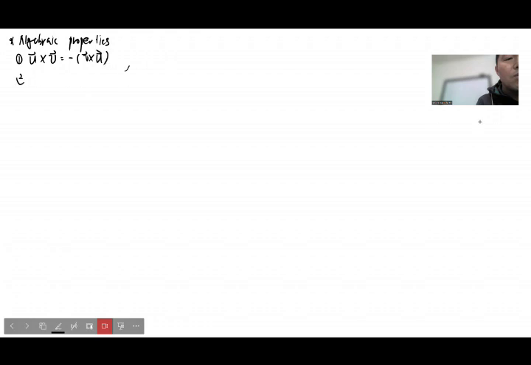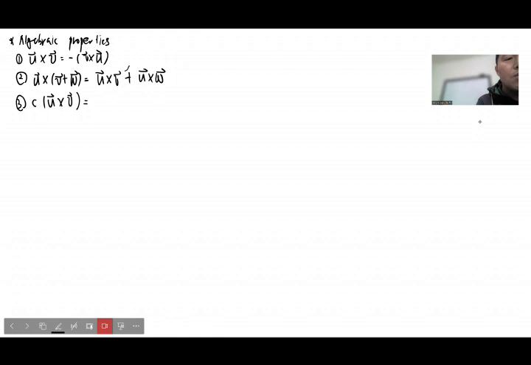Number 2, if you take the cross product with the summation of two vectors, then the cross product applies to each vector inside the bracket separately. Number 3, a scalar quantity can be multiplied into the cross product, but you only need to multiply the scalar by one of those vectors.